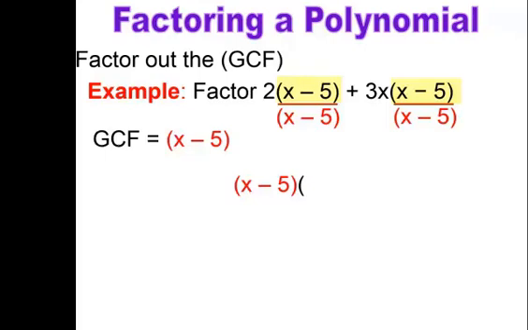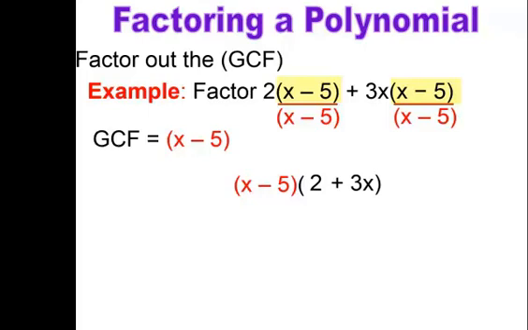So when you divide 2 times parentheses x minus 5 by parentheses x minus 5, well, the x minus 5 part will just cancel out, and you're left with the 2. So that's what's going to go inside that open parentheses. And then the next part, you have 3x times x minus 5 divided by x minus 5. Well, the x minus 5 will cancel out, and you'll be left with the plus 3x and close the parentheses.